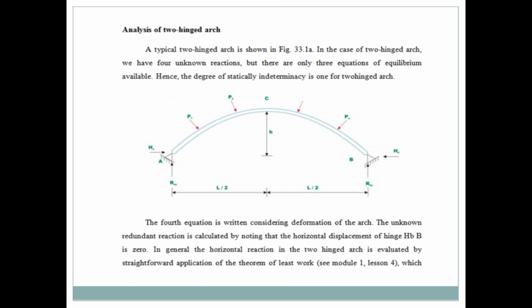And the fourth equation is written considering deformation of the arch. The unknown horizontal reaction is calculated by noting that the horizontal displacement of hinge B is 0. In general, the horizontal reaction in two hinged arches is evaluated by straightforward application of the theorem of least work.